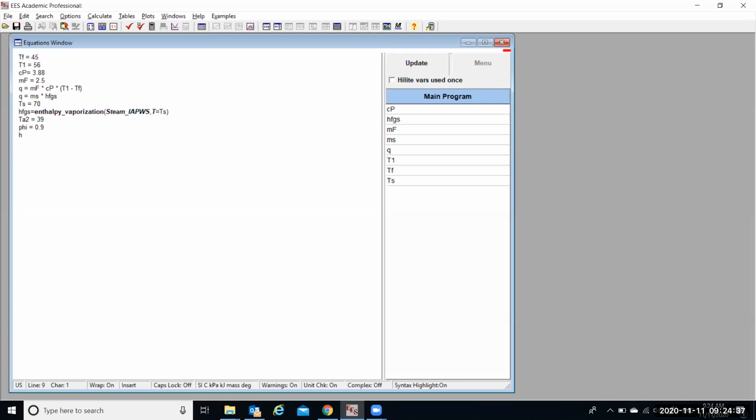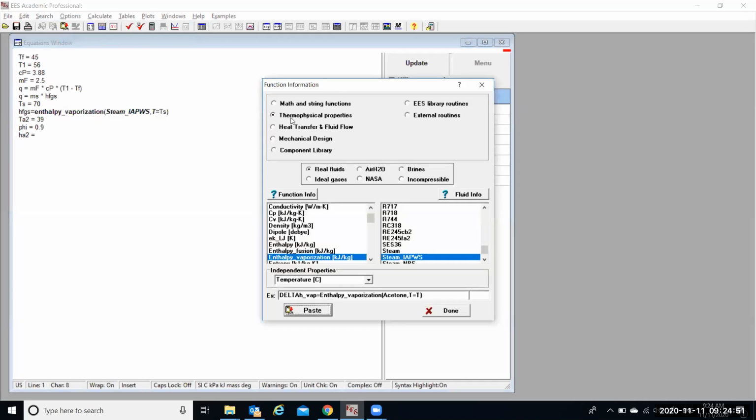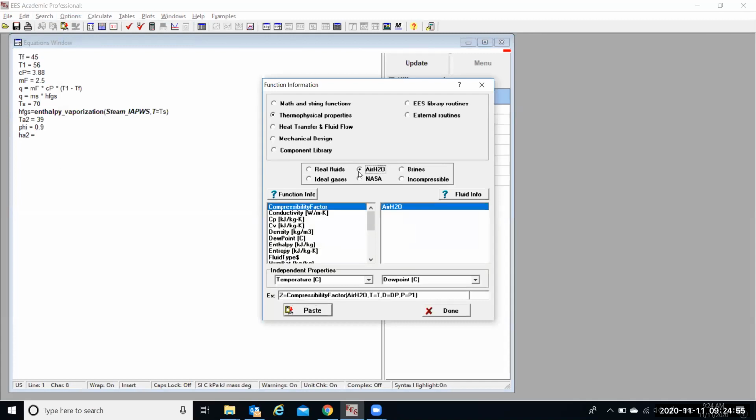Then I need H of the air at 2. I'm looking for the enthalpy of air, and I'm given the dry bulb temperature and the relative humidity. So I can go to Options, Function Information, Thermodynamic Properties, and I'm dealing with air-water systems here.